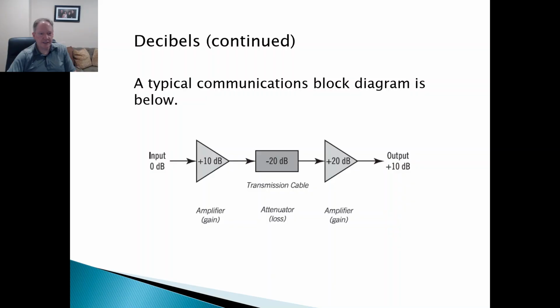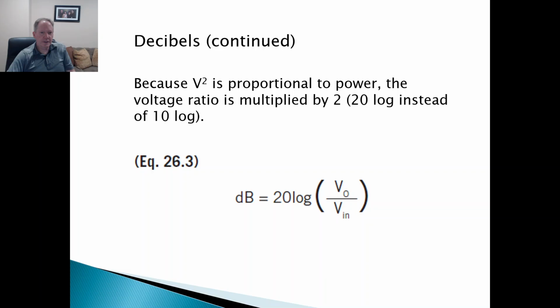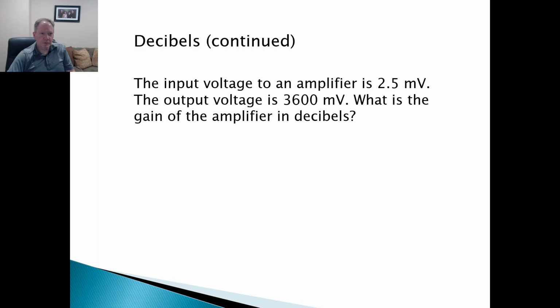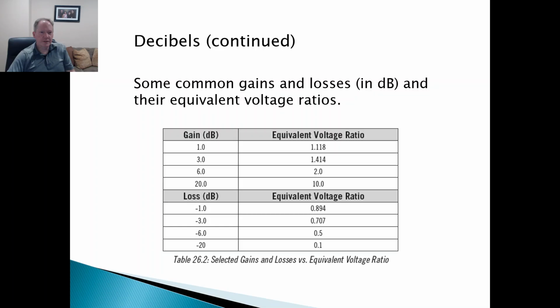So if you just add this up, 10 minus 20 plus 20 equals 10. Right? And then here's a table that shows the dB gains and losses versus the power ratios. All right, so there's some equations here that you should be familiar with and be able to work on. But I'm going to get up to the filter section.